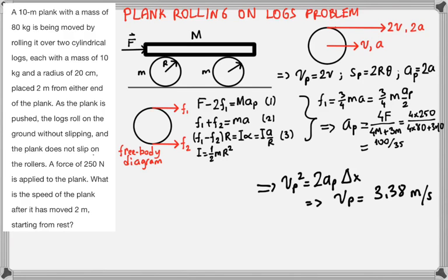So the first thing that you have to be careful about is the motion of the cylinders and the motion of the plank. The center of mass of the cylinders and the plank move somewhat differently. That's something you know from the rotational motion of a wheel, or the translational motion of a wheel on a surface.